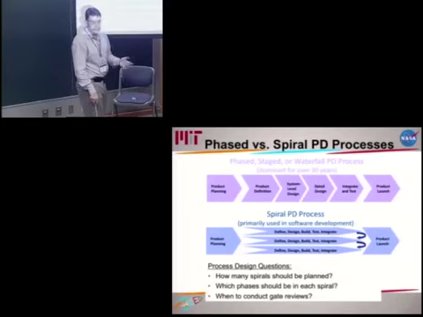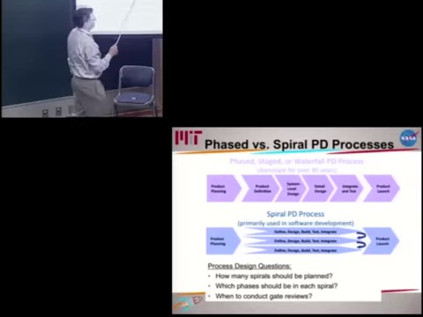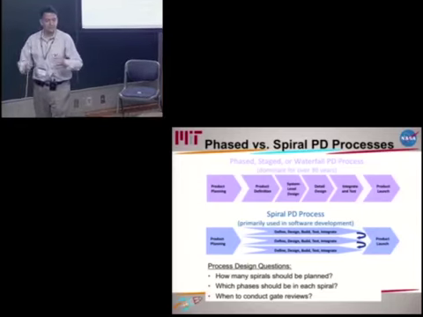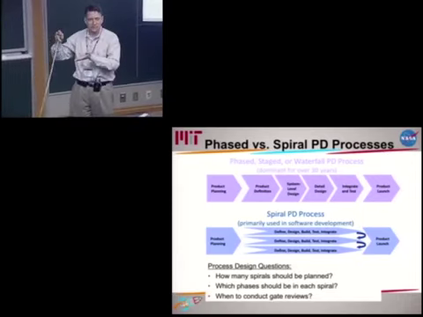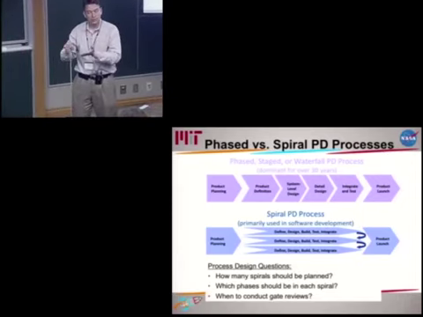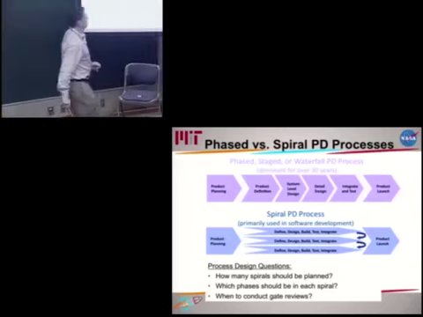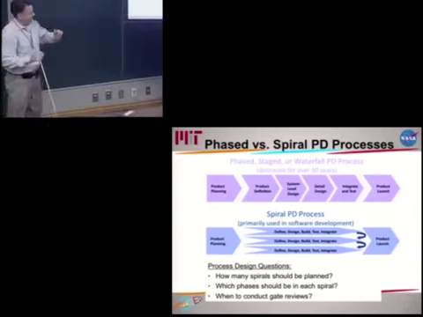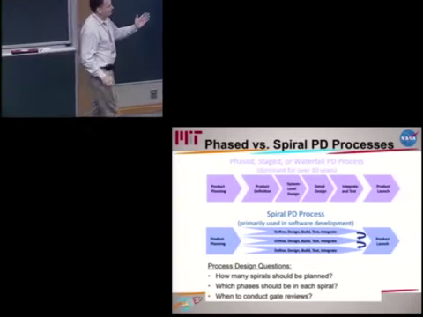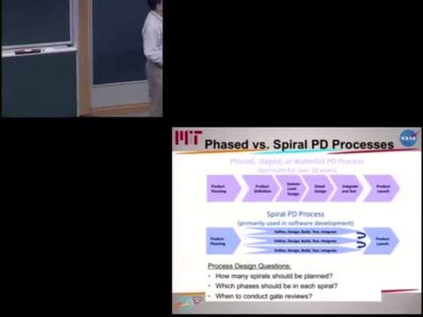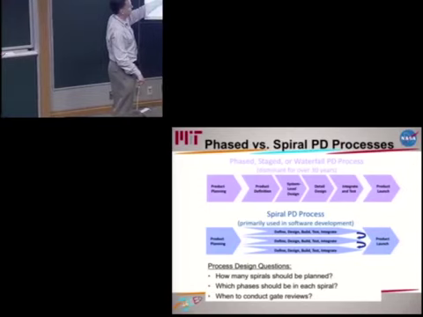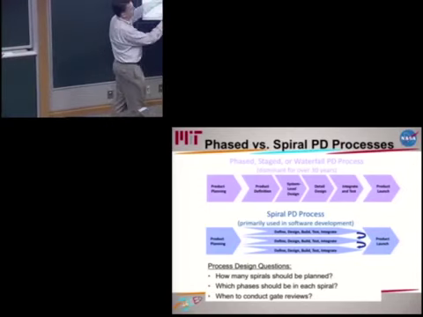You're going to break things. I think this is very much in line with the philosophy of this program. Then you go to the next spiral, and now you're going to pick up maybe the next 3 requirements. You build in what you've learned in the previous spiral, and you do this essentially until it's time to launch your product. So that's a different model, and the big questions are, how many of these spirals should you do? Which are the phases?